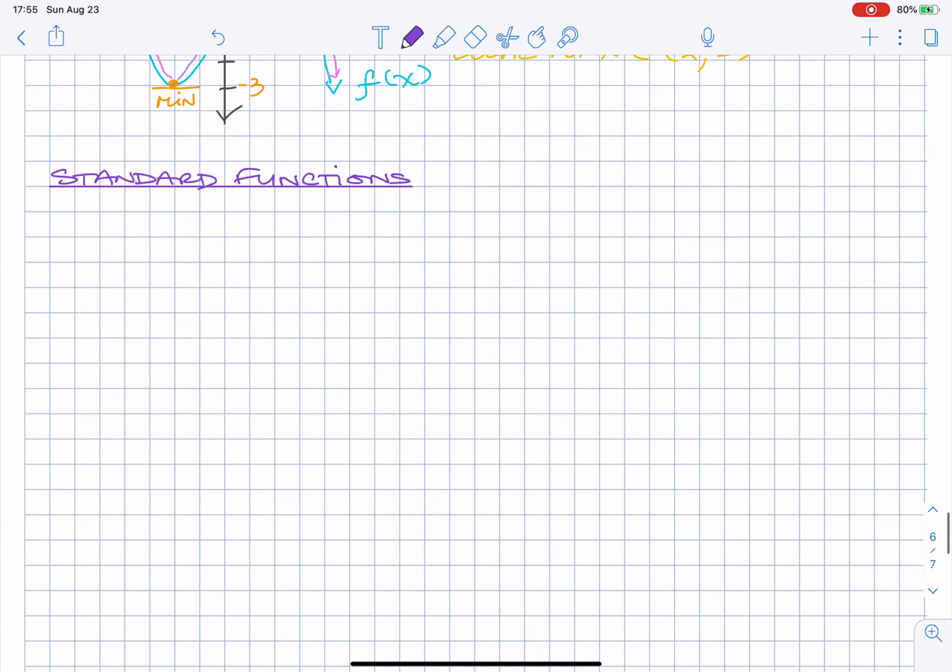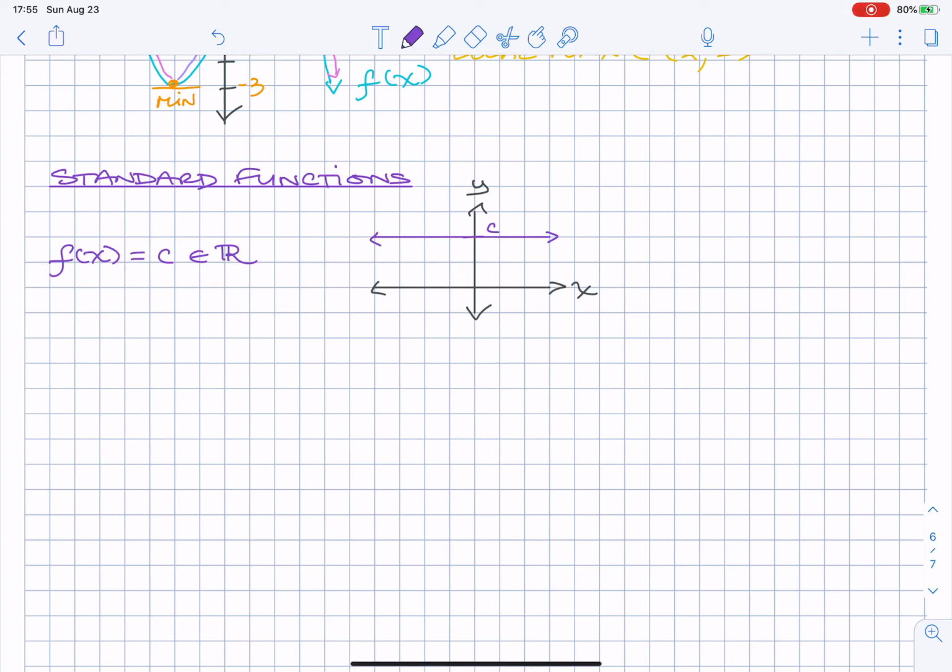Okay, so let's say we have f of x is some real number c. So that's the constant function, right? A constant function is a horizontal line. So here's c, and it is the horizontal line through c.